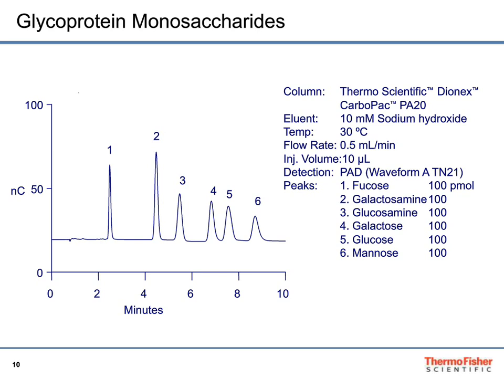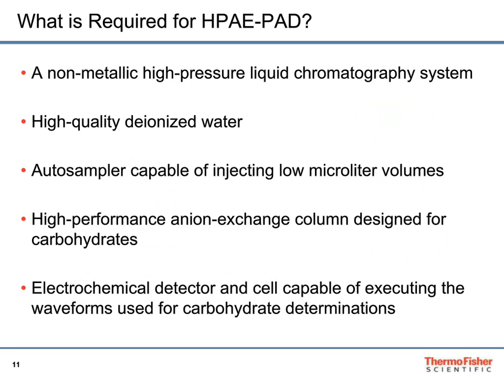So what's required to do HPAE-PAD? I said that the fact that we have a high pH mobile phase presents special demands to our chromatography system. Well, we require a non-metallic, high-pressure liquid chromatography system. This is something that Thermo Fisher Scientific has specialized in over a number of years, making these types of systems specifically for HPAE-PAD. We also need high-quality deionized water. We can't have impurities in our water.